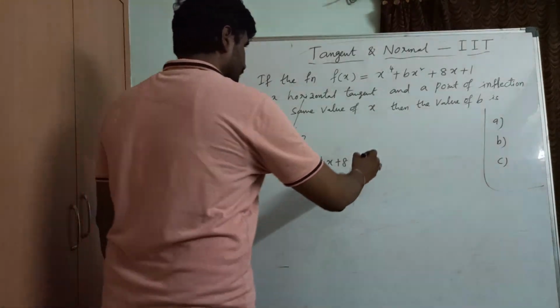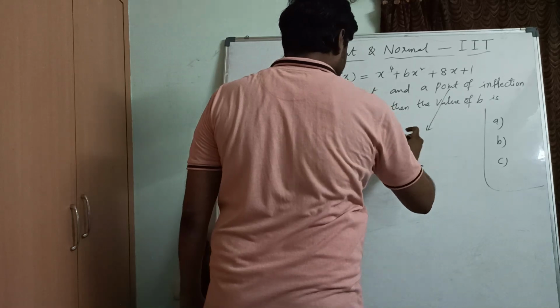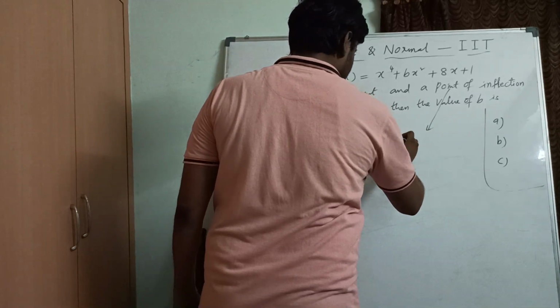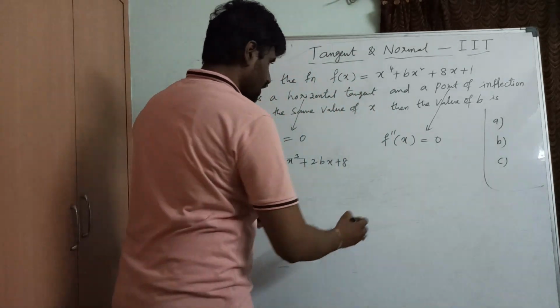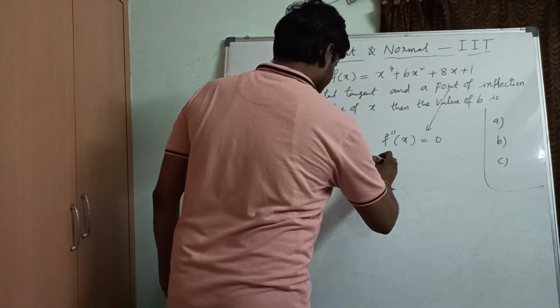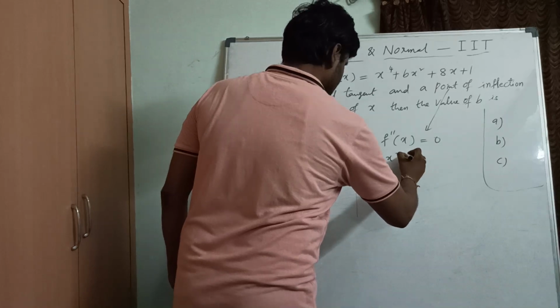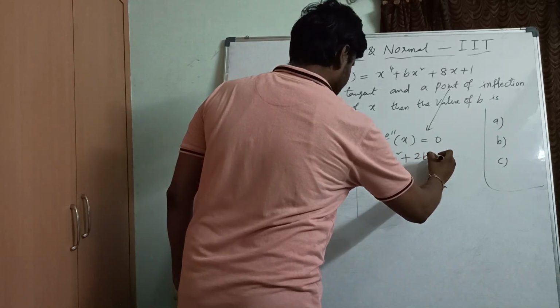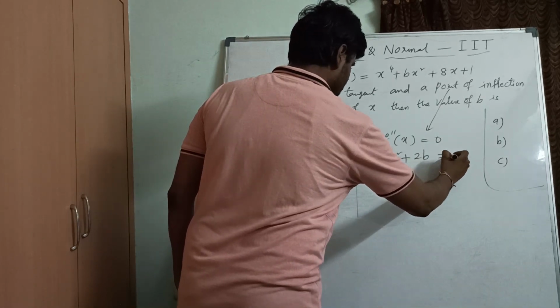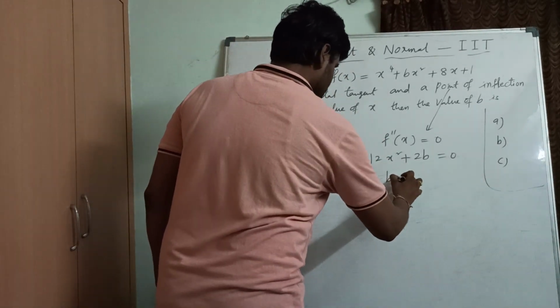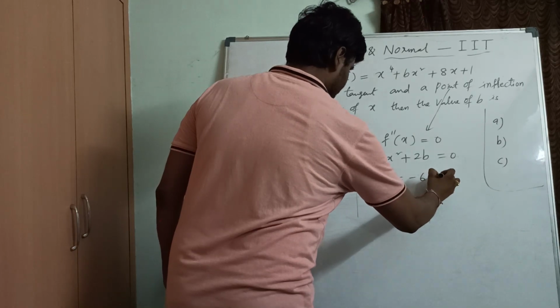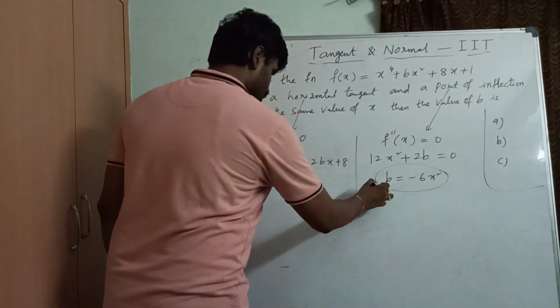Now, from the point of inflection, what can I write? f double dash of x equals 0. So let us differentiate this again. What will we get? 12x square plus 2b equals 0. So from this, b equals minus 6x square.